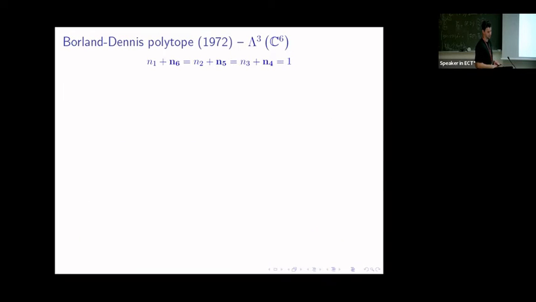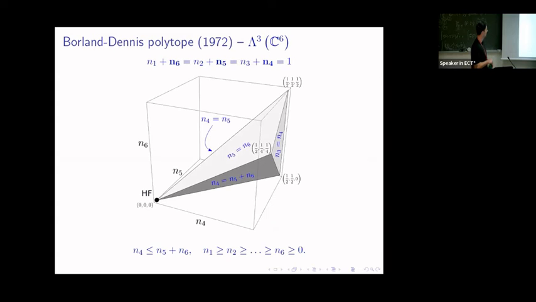So let's look at the Borland-Dennis polytope once again. It's nice because we can visualize it in 3D. We can just pick 3 independent occupation numbers, so let's pick n_6, n_5, and n_4. All the other ones are determined by this equality. And now this is the polytope.